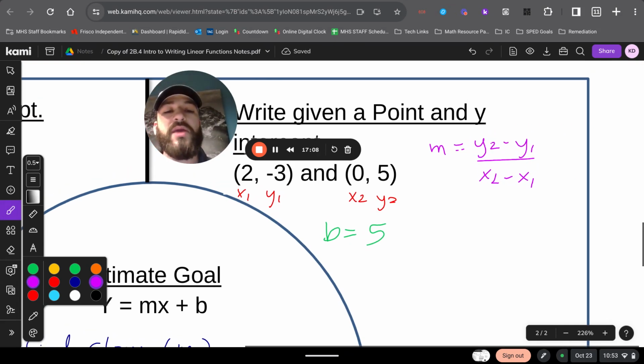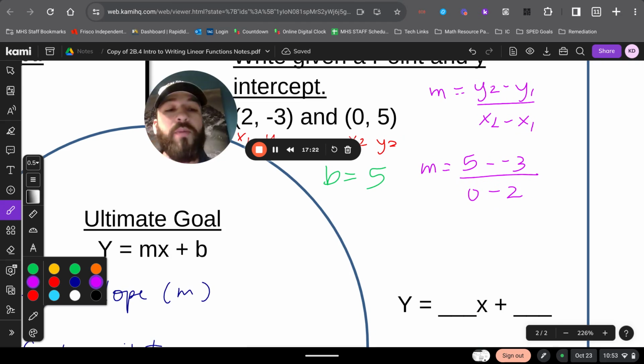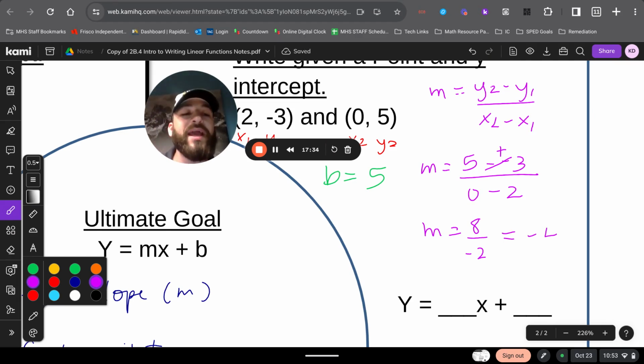So m would be equal to y2, which is 5, minus y1, so minus -3, over x2, which is 0, and then minus x1, which is 2. And just simplifying this a little bit more, m would be equal to, that negative and negative is going to cancel out and become a positive. So 5 plus 3 is 8. On the bottom, 0 minus 2 is -2. 8 divided by -2 would be equal to -4.